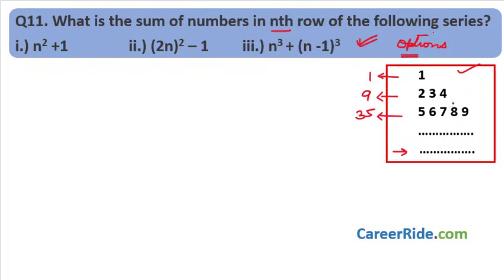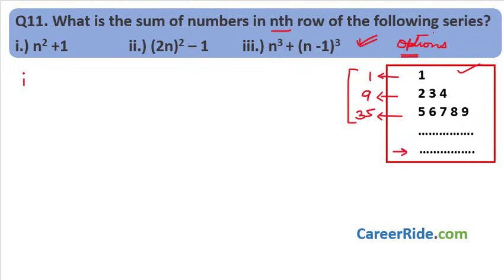Now I know the sum of terms in the first 3 rows of my series. Now I'll make sure the option that fits this criteria for the first 3 rows is going to be my choice.